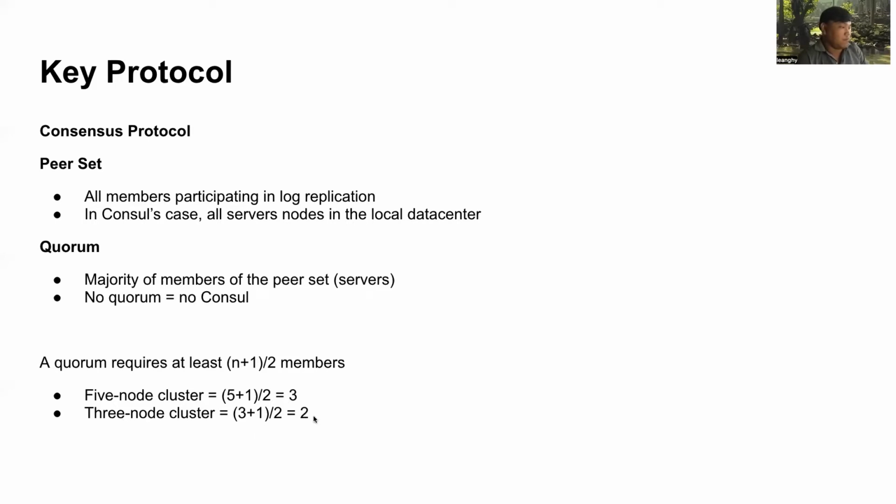So with 3 nodes, we can fail only 1. If we fail 2 servers, the Consul cluster will be broken, will be crashed. So with 5 nodes, we can fail only 2. If more than 2 servers crash, let's say 3, that means the Consul cluster will be crashed.